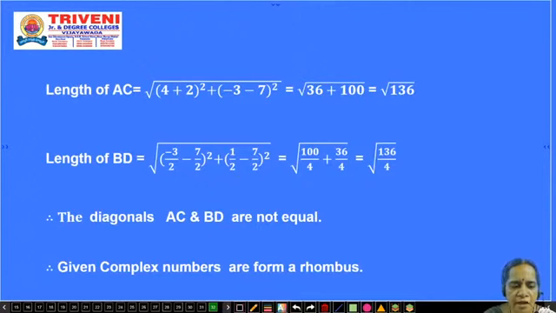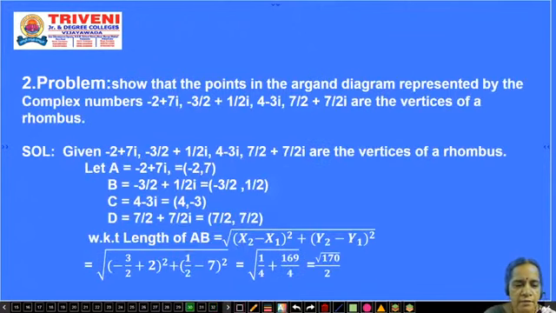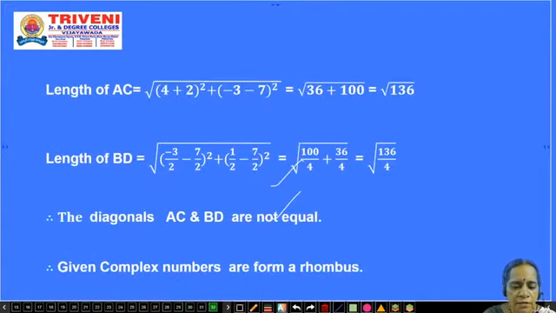And the length of BD. The point B is minus 3 by 2 comma 1 by 2 and D is 7 by 2 comma 7 by 2. The distance between these two is square root of x2 minus x1 whole square plus y2 minus y1 whole square.